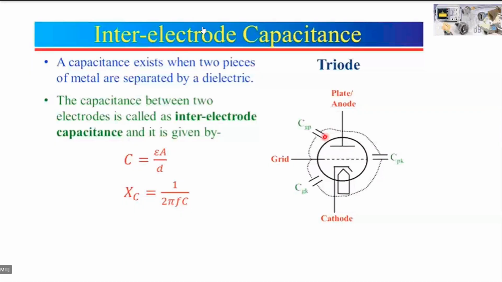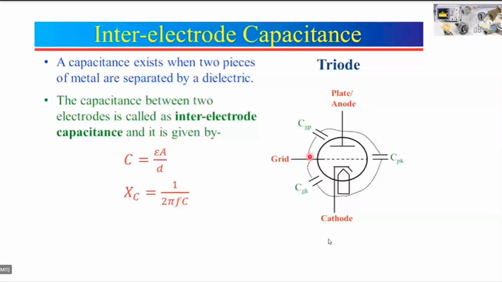So why can't we use these conventional tubes at high frequencies? The first question is, where does this capacitance exist? A capacitance exists between two metal plates separated by a dielectric, as you can see there. Now take the example of a vacuum tube triode. In a triode there are three electrodes: one grid, one plate, and the cathode.